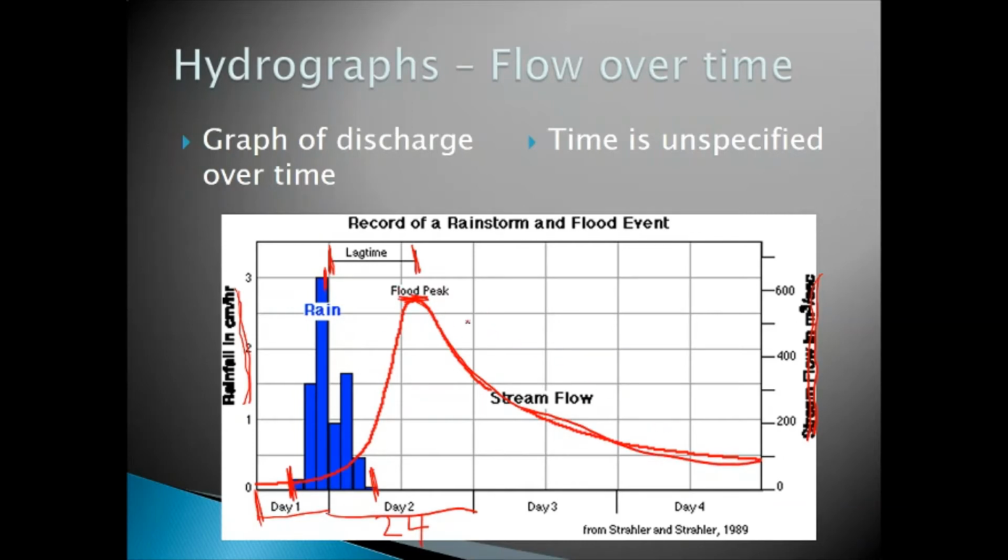The reason for that is that it takes time for the groundwater to drain out into the river. So you get this peak due to overland flow, but this stretching out of the stream flow is due to the groundwater taking time to drain out into the stream.